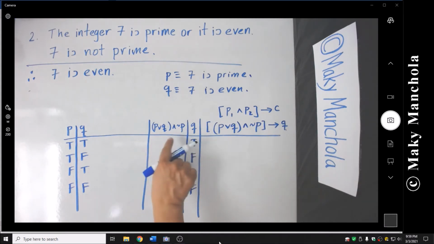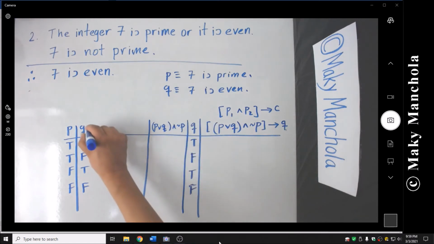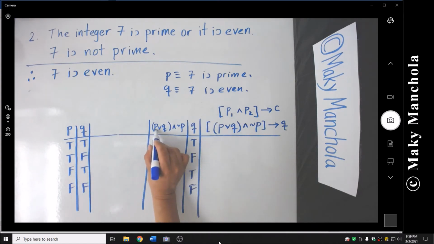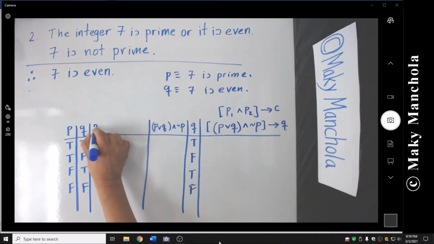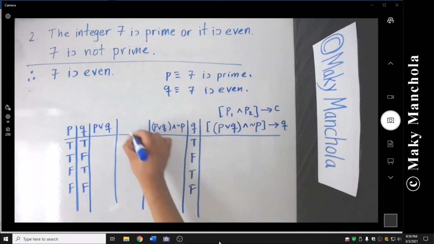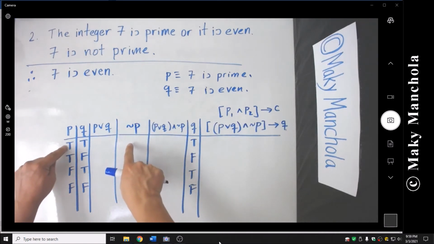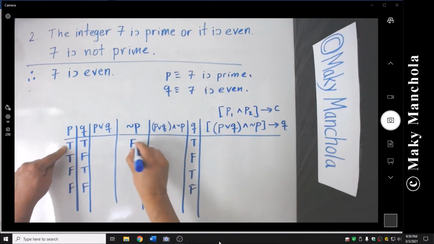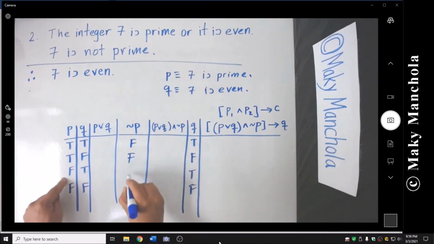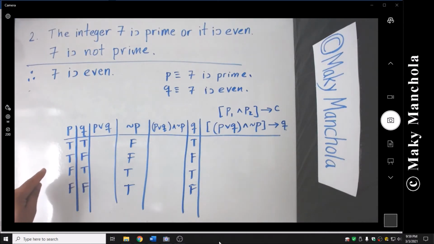We need to figure out P or Q and negation P. We need the result for P or Q. We also need the result for negation P. Negation P is immediate: false, false, true, true. For P or Q, we just have to remember our definition.